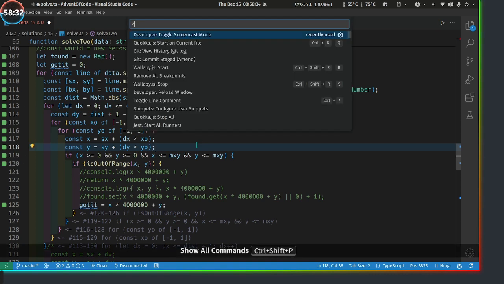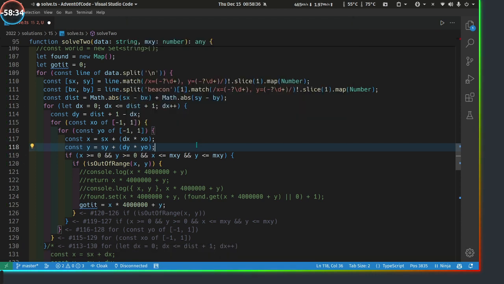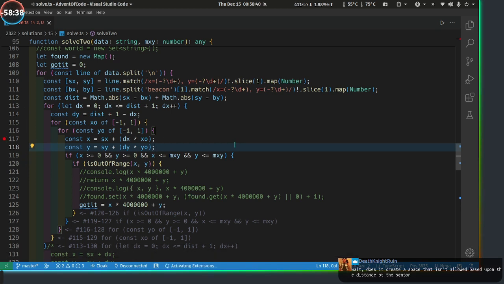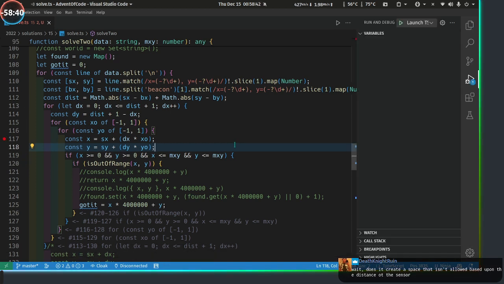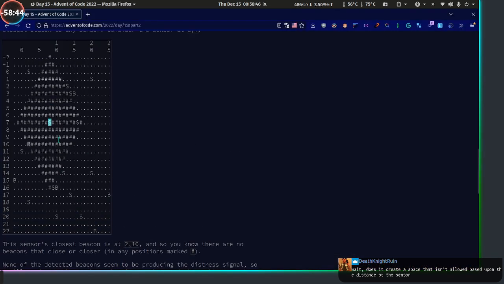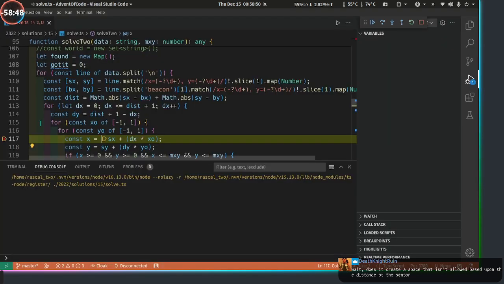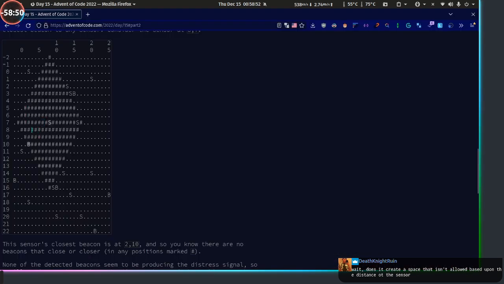Okay, let's stop Quokka and jump into here. Yeah, it basically creates all of these hashtags, our space where a beacon is not in. There are no beacons in any of these hashtags because the sensor locks onto the closest beacon, which is right here.